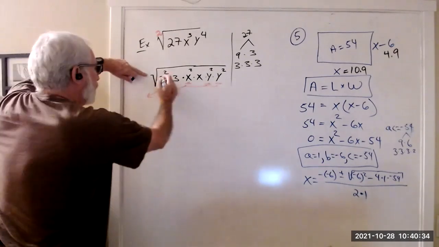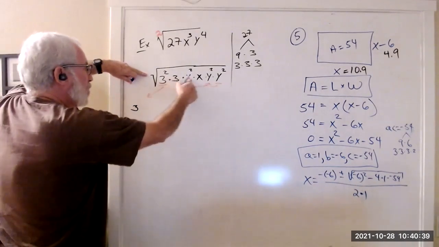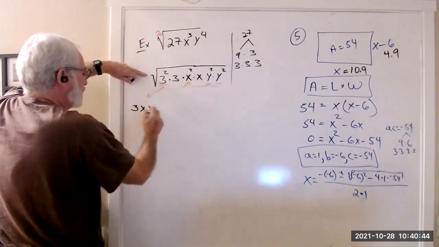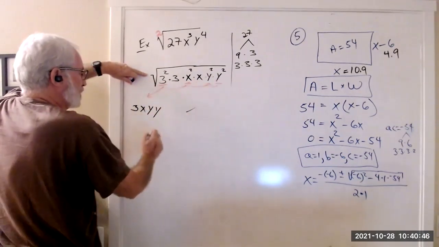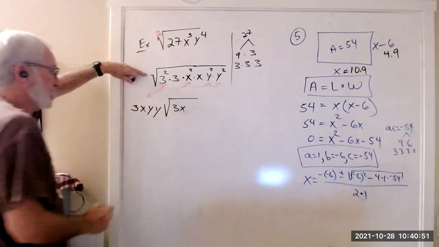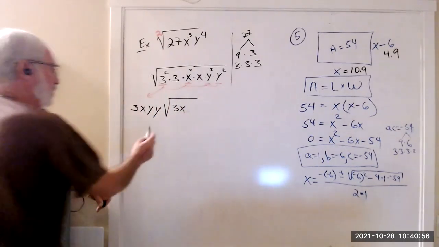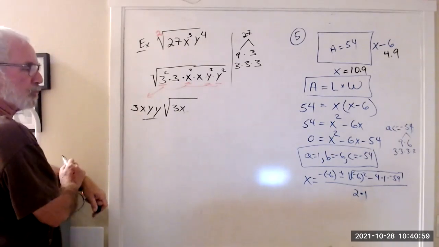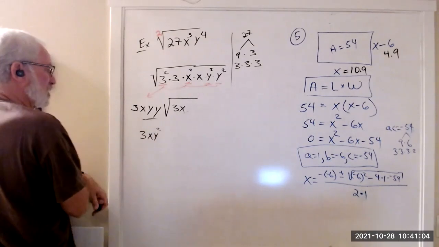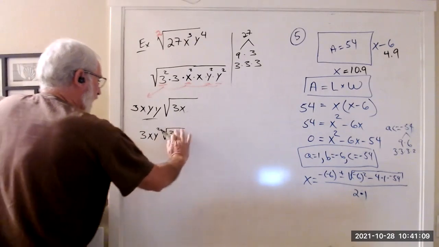So the 3 squared comes out as a 3. The x squared comes out as an x. The first y comes out as a y. The second y comes out as a y. And who's left inside? 3 and x. And then we put these together to make them look pretty. So we say 3xy to the second times the square root of 3x. And that would be our final answer.